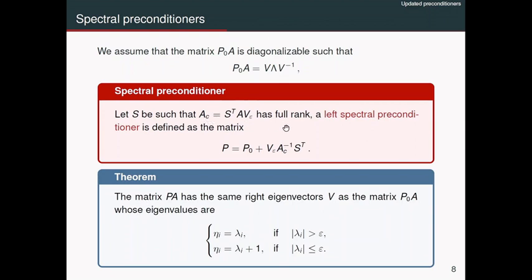A left spectral preconditioner is defined as this type of matrix, where V epsilon denotes the eigenvectors associated with the smallest eigenvalues. So if we define this spectral preconditioner, there is a theorem that states that the matrix PA has the same eigenvectors as the matrix P0A, but the smaller eigenvalues are increased by this value.